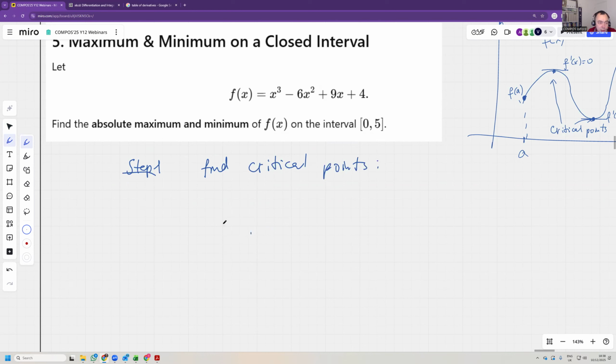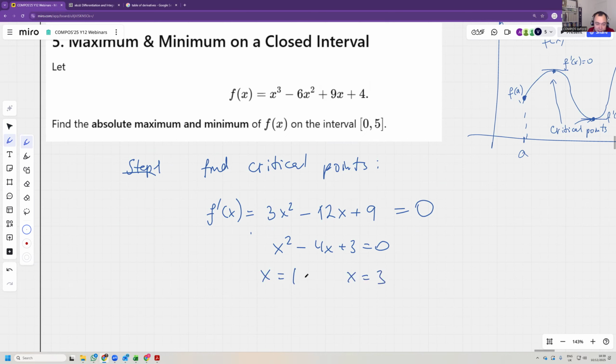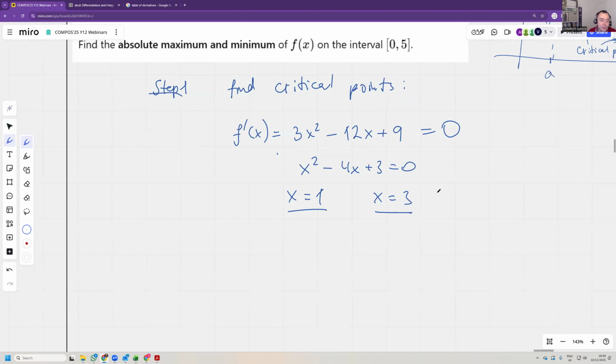To find the critical points, we take the derivative, and that's 3x squared minus 12x plus 9 equals 0. We find where the derivative is 0. We can divide the whole thing by 3. So x squared minus 4x plus 3 equals 0. So x equals 1 and x equals 3. So these are the critical points.